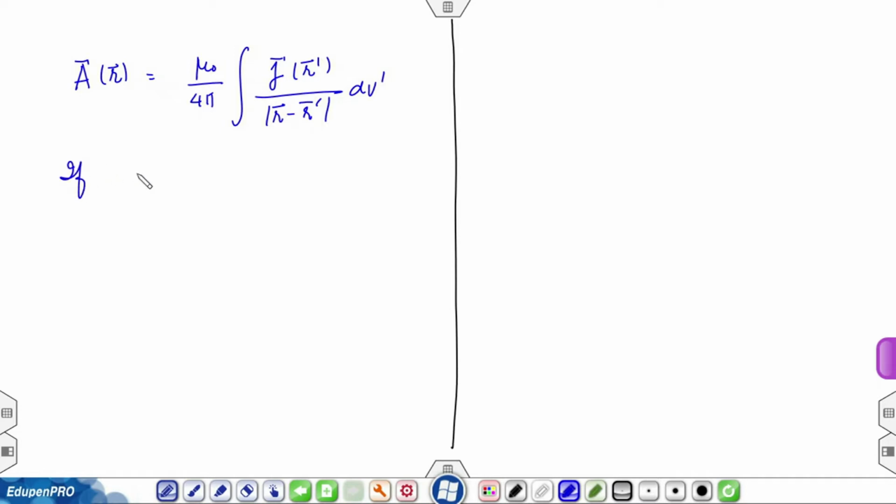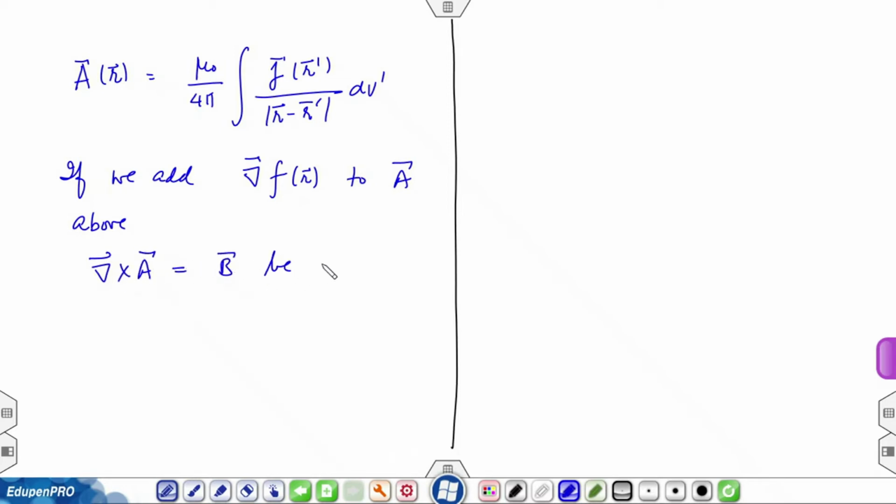If we add to this a gradient of some function f of r, curl of A is still B, because curl of gradient of a function is always 0. This is a mathematical identity.